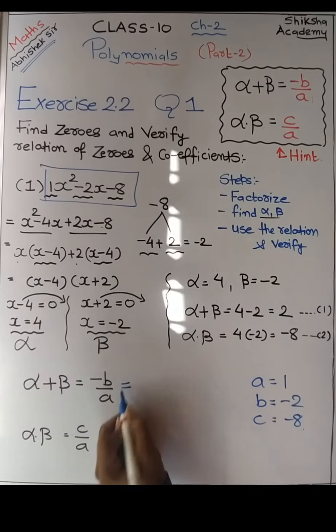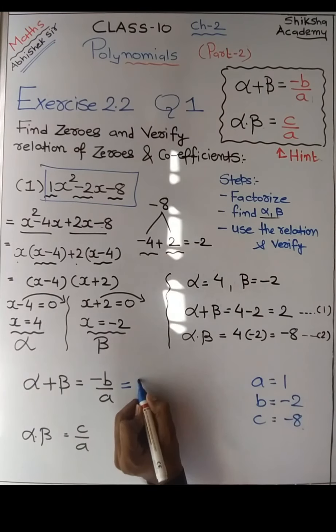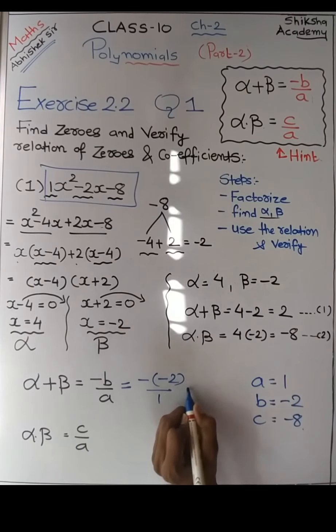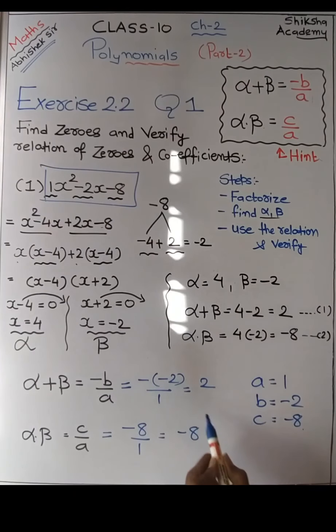Now just put in the relation: minus of b, so that is minus of -2 upon a which is 1, so final answer is 2. Over here c by a is -8 upon 1, ultimately it is -8. So you can see, let us name it as 3 and 4, right?